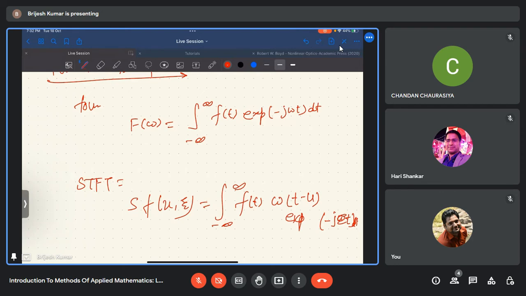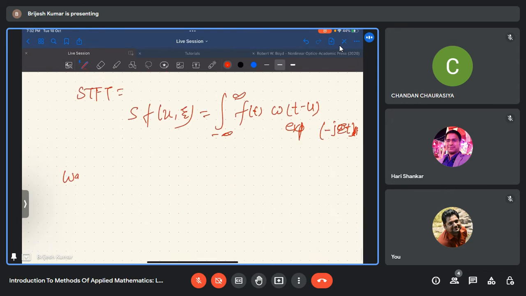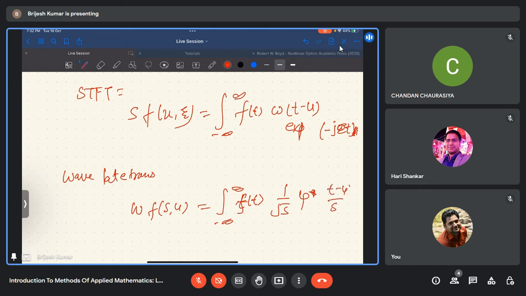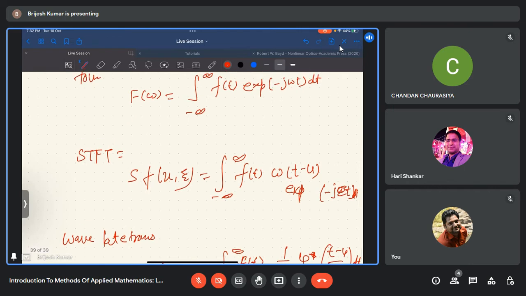And the wavelet transform is the integral from minus infinity to infinity of f(t) times 1 by root s psi star of (t minus u) upon s dt, right?